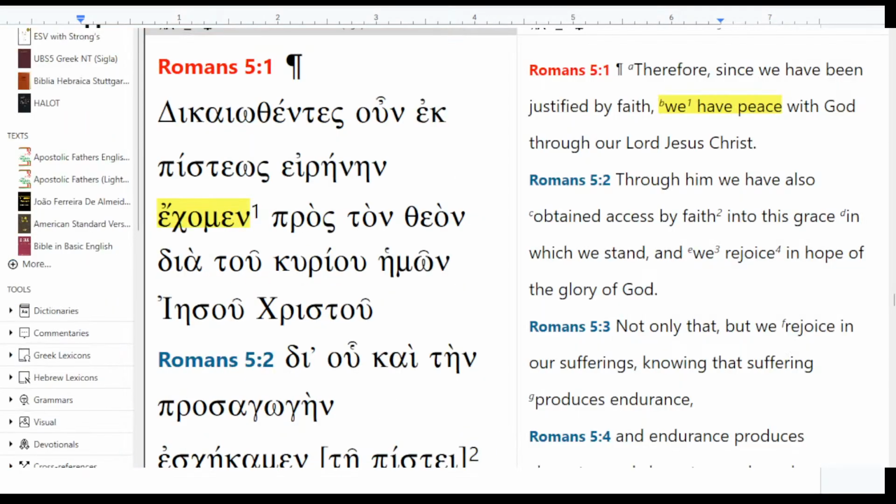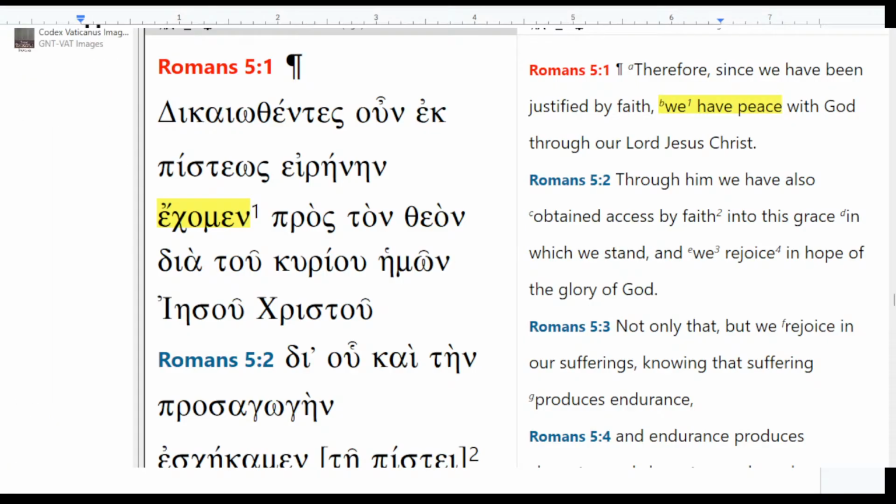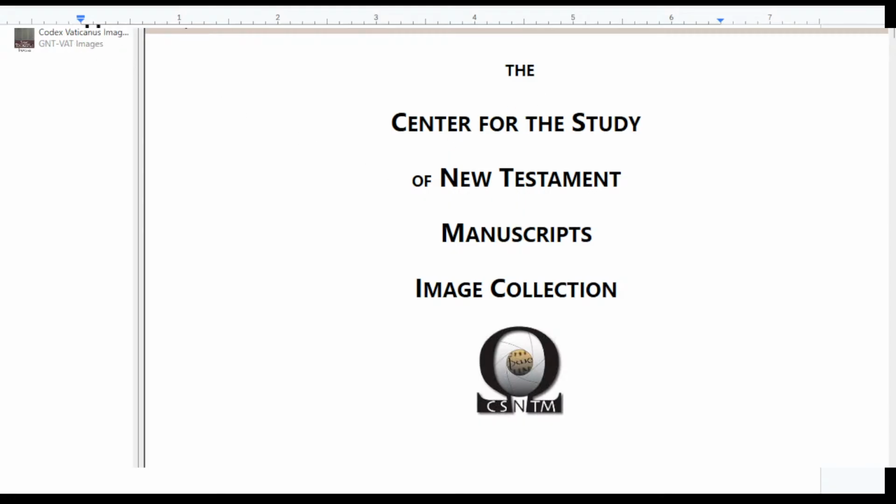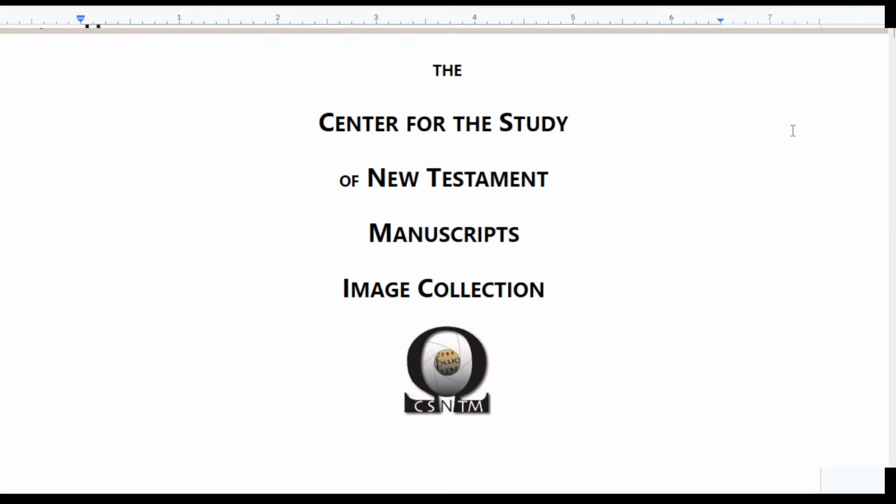So we're going to look at some manuscripts, and we're going to go over to Vaticanus. Codex Vaticanus is the oldest complete manuscript of the Bible, coming from the late 4th or early 5th century.